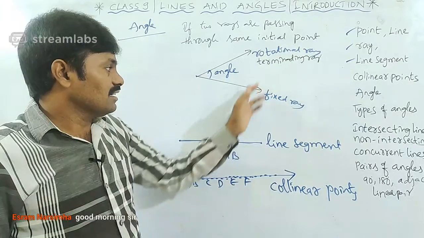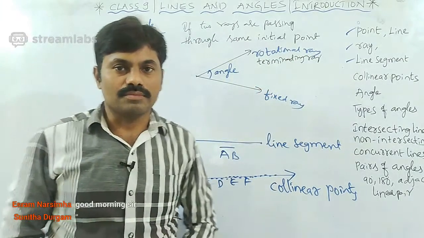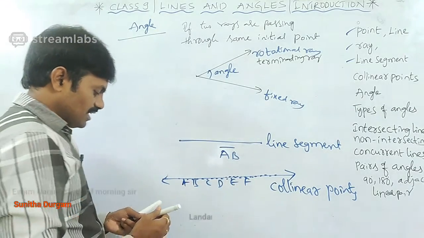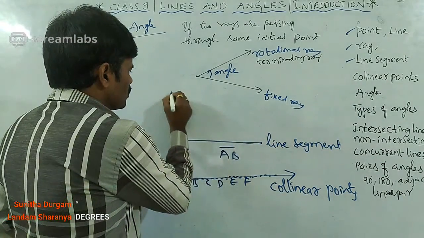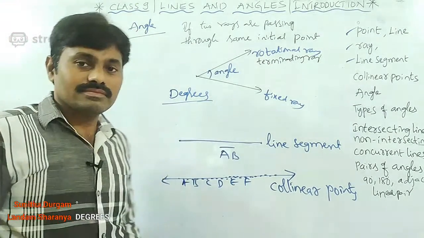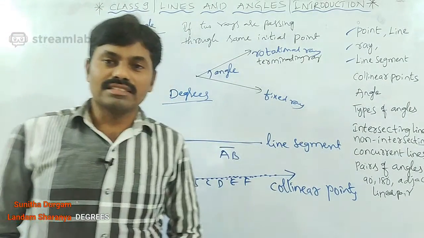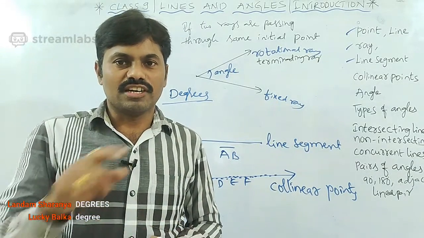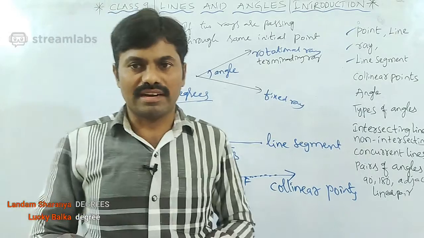So rotational ray, fixed ray. Is it clear? Degrees, yes. So the units are degrees. So what is a degree? We have different types of protractors, D-shaped protractor and round shaped protractor.